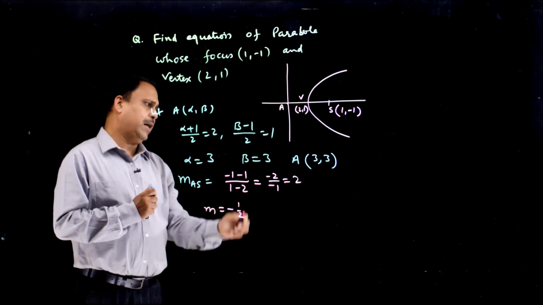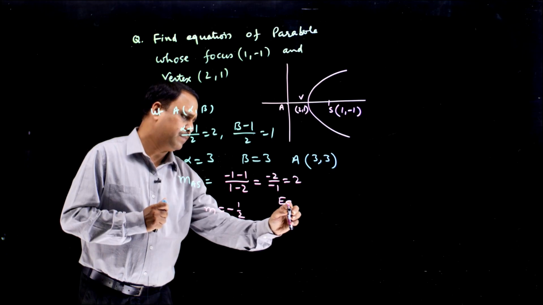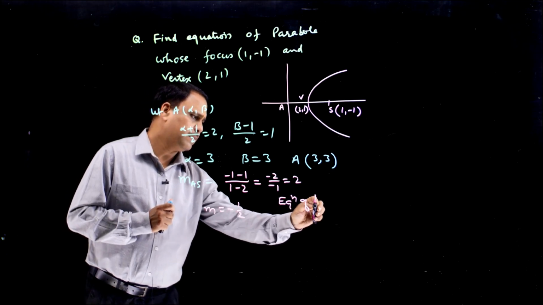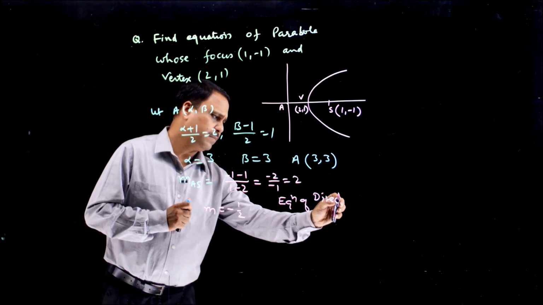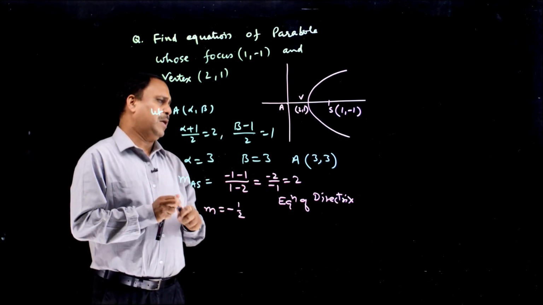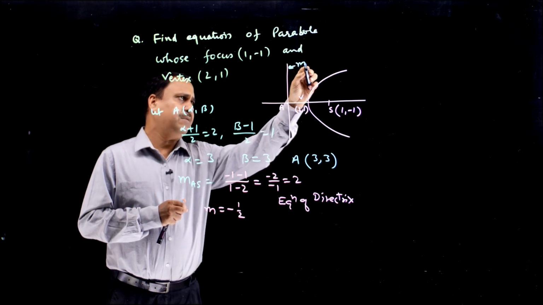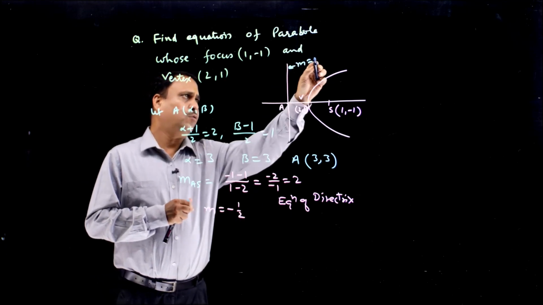Now I can easily write the equation of the directrix. It is passing through the point A (3, 3), and the slope I have calculated is m equal to minus 1 upon 2.